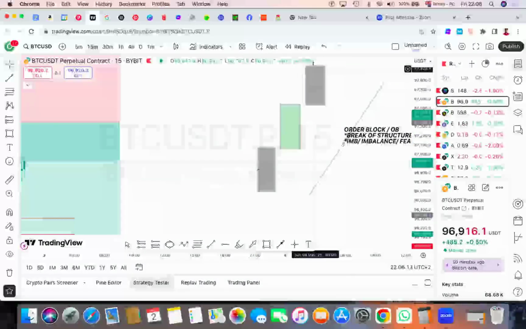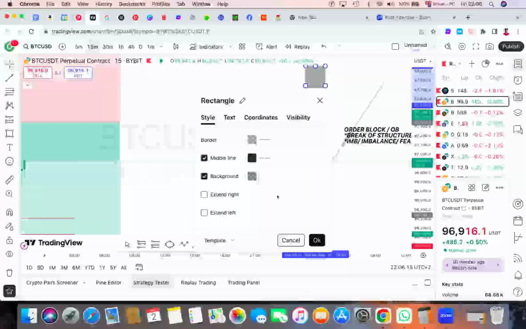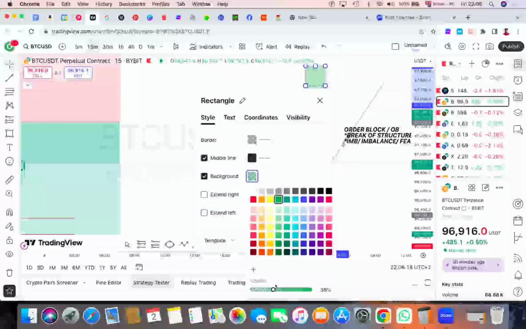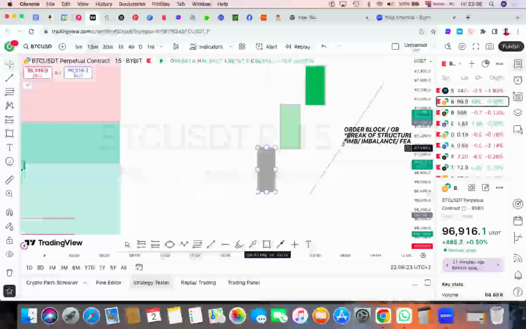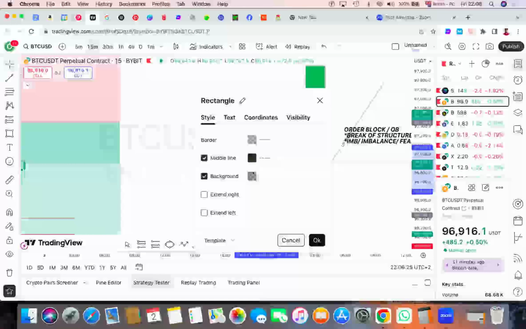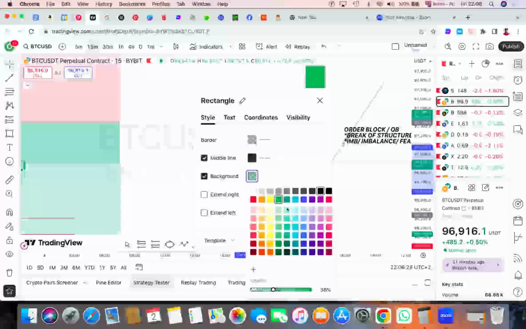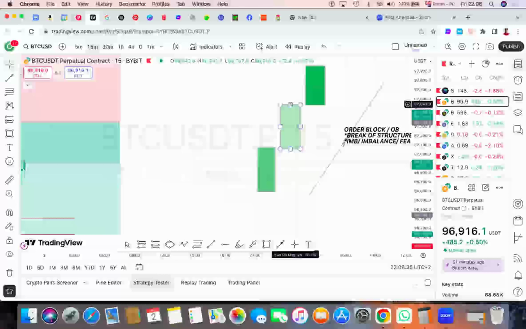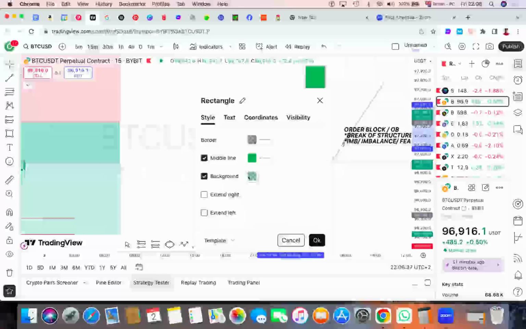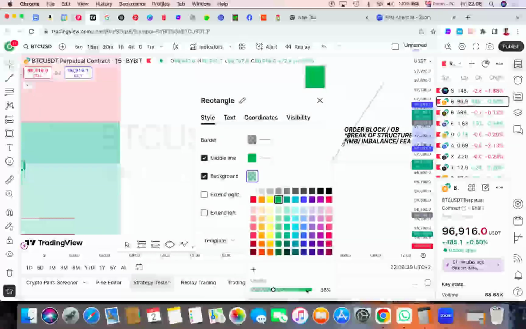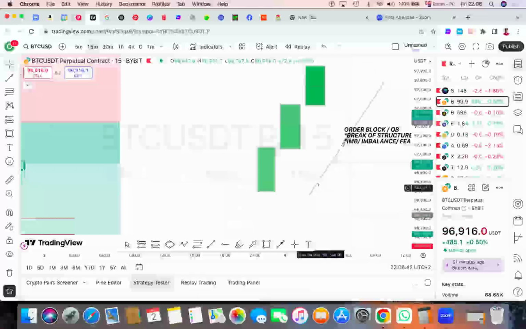So these also, let me do the similar thing. I go green. Yeah, I'll make it visible 100%. So it's looking like our normal bullish candle, right? Don't mind my mock-up anyway, but just for you to get a clearer understanding and see what we are doing. I like to be more aesthetic about all of it.